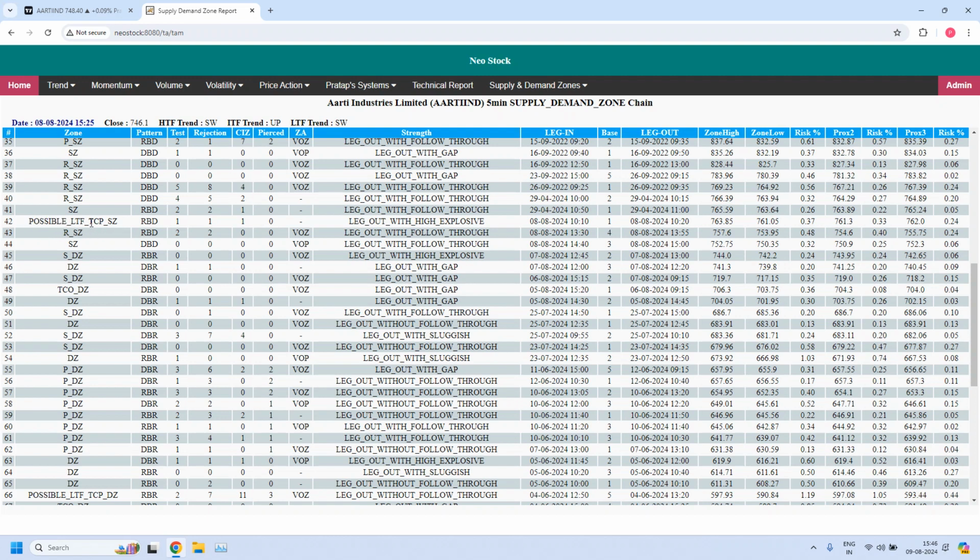Otherwise we have a high liquidity zone category called TCP_SZ, TCP_DZ. Because of this possible LTF, that means it could be a high priority high liquidity zone, but doubtful.